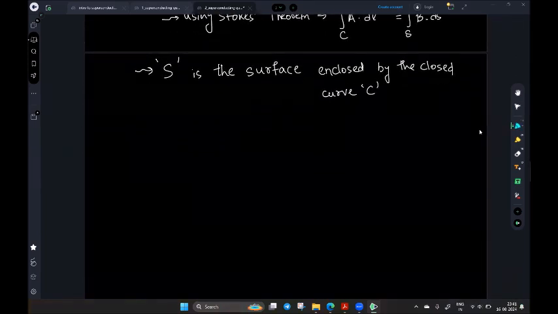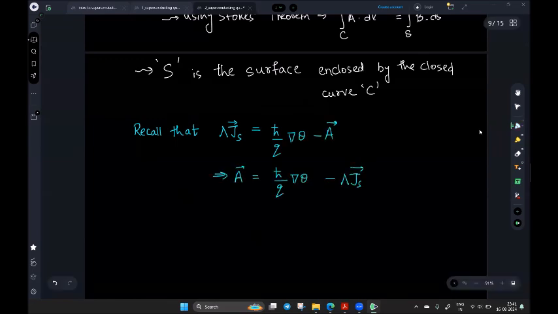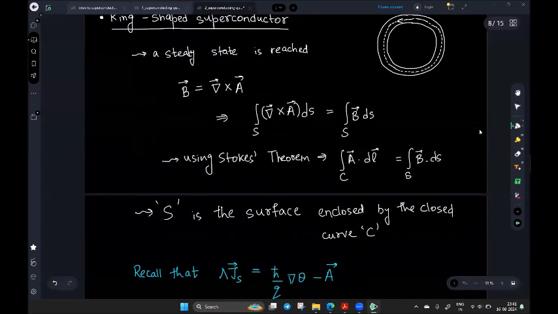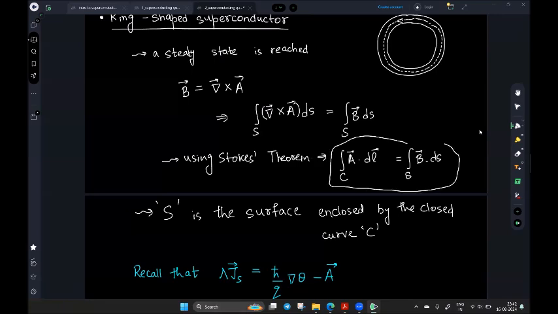Now I want you to recall a very special equation from the previous video. I'll write it down now. I'm going to use this equation and substitute it in this equality here.